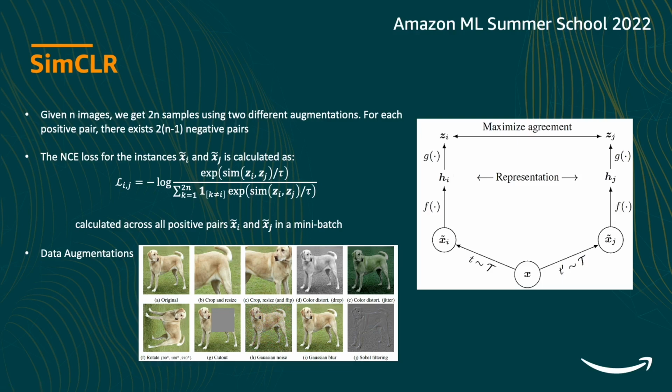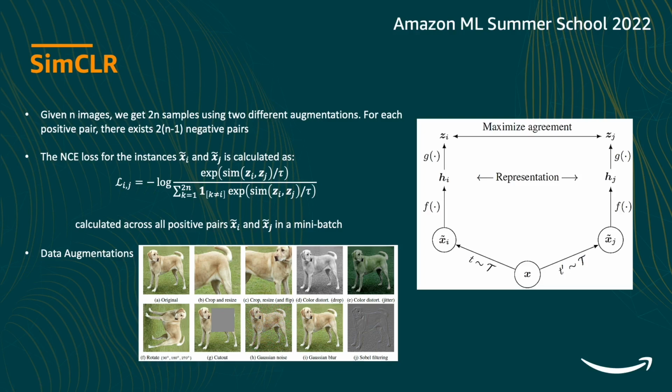And so this is how it is trained. So given a positive pair, which is basically 2 random augmentations of the same image, we maximize the agreement between these 2 augmented pairs. And this is the loss function that is used. So it's a similar loss function you have seen in the case of negative sampling in word2vec.